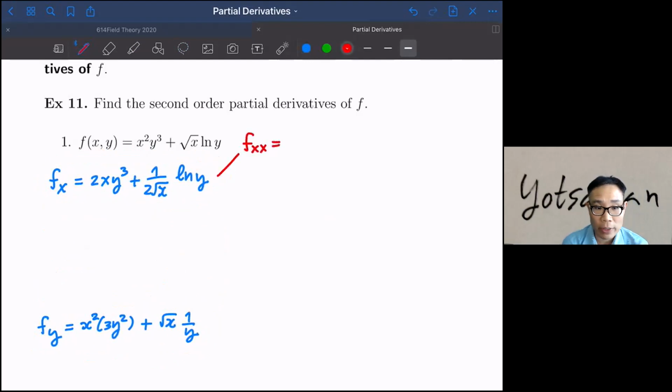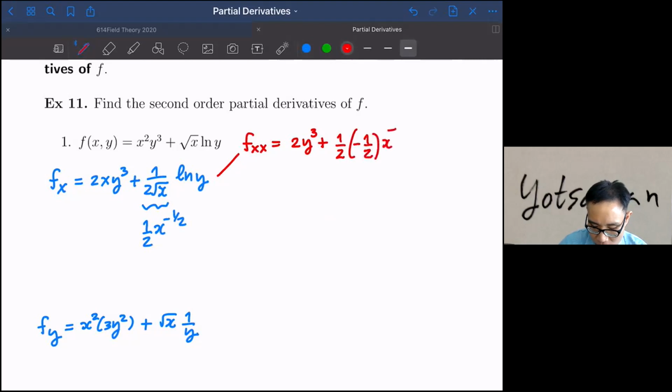You get 2y to the third, and 1 over 2 root x is 1/2 x to the negative 1/2. So for this one, it's going to be negative 1/4 x to the negative 3/2, and log y is constant. So that's fxx.